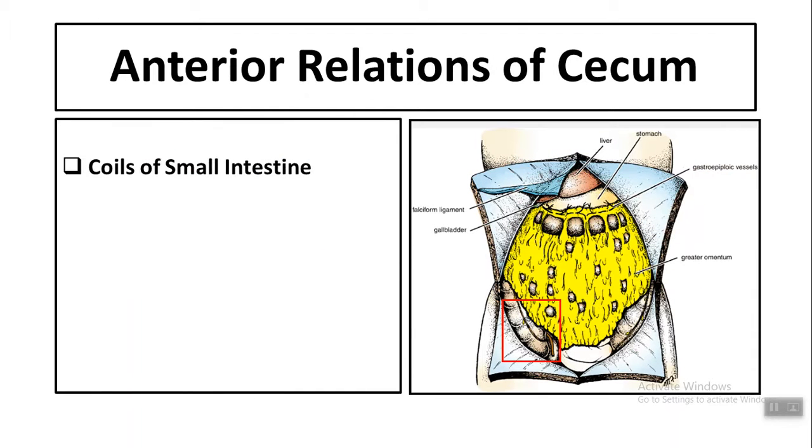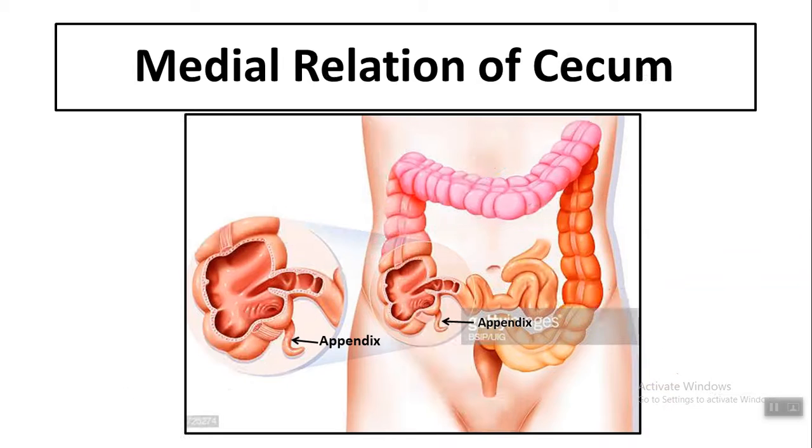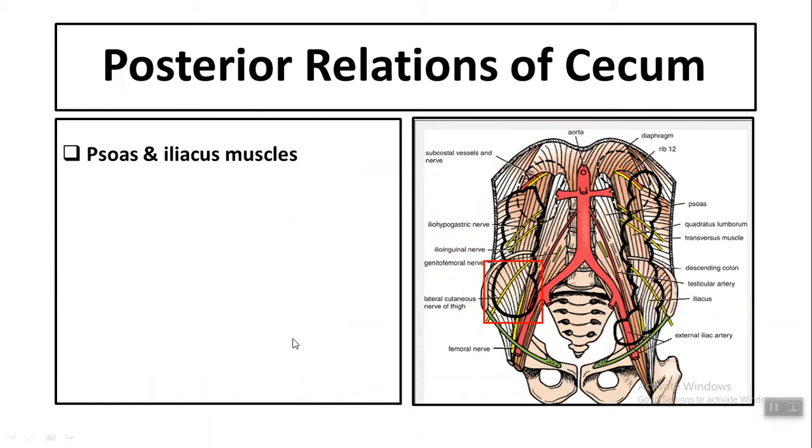What are the anterior relations of the cecum? Anteriorly are coils of the small intestine, part of the greater omentum shown in yellow color, and the anterior abdominal wall. The important medial relation of the cecum is the presence of the appendix. What are the posterior relations of the cecum?